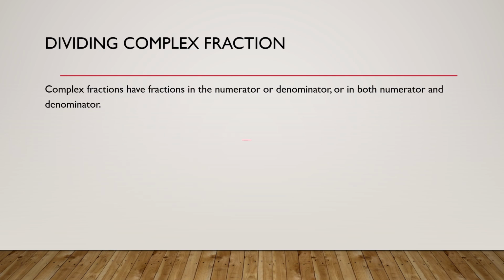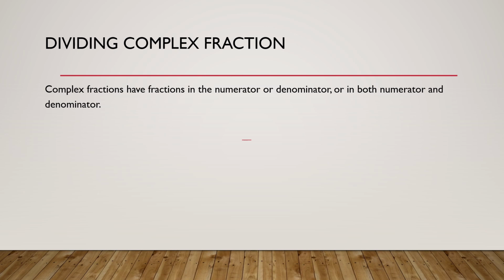So we have dividing complex fractions. Complex fractions have fractions in the numerator or denominator, or in both the numerator and denominator. Okay, let's take a look at some examples here.